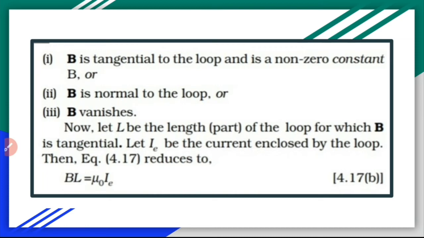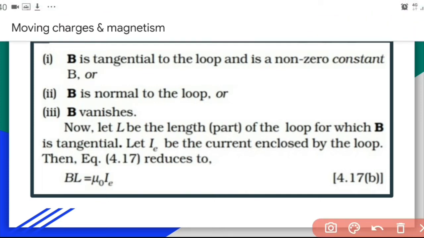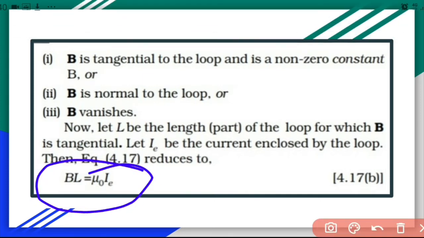Now, if L is the length of the loop for which B is tangential, and I_E is the current enclosed by the loop, then the equation reduces to BL is equal to mu 0 I_E. This is the simple version of Ampere's circuital law, where L is the length of the Amperian loop and I_E is the current enclosed by the loop.